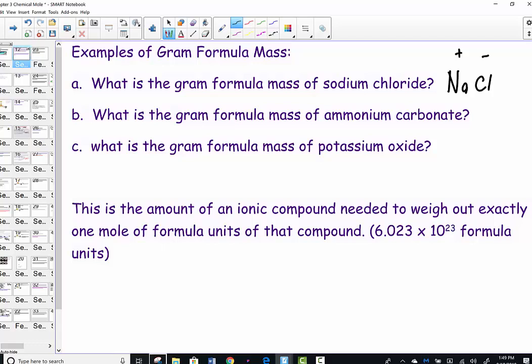It's just simply NaCl based on charge. If sodium has a molar mass of 23.0, chlorine has a molar mass of 35.45, so I'll round that to 35.5. I add the 2 atoms together to get a gram formula mass, and that would come out to 58.5 grams of sodium chloride. Notice how I'm including the label gram of sodium chloride. Please get in that habit to make sure we keep track of what we're weighing.